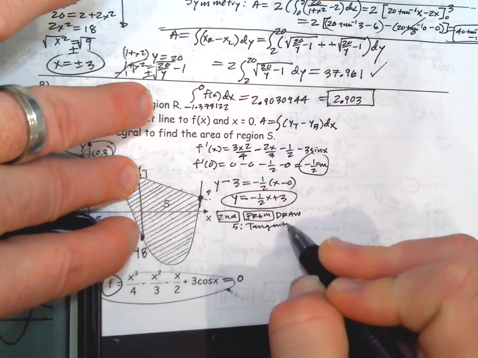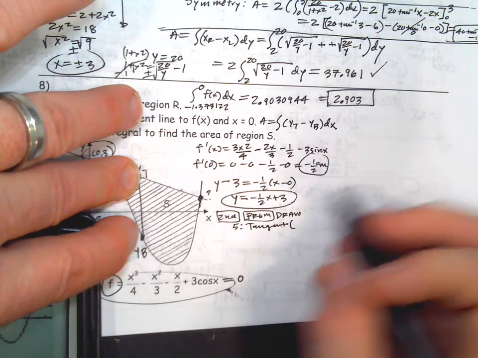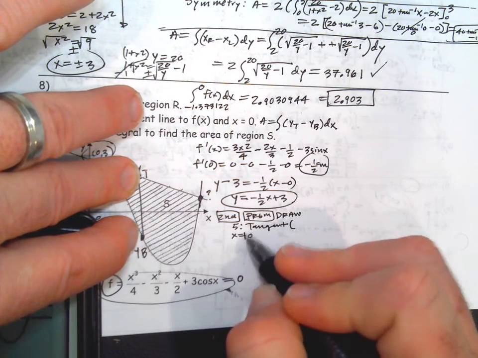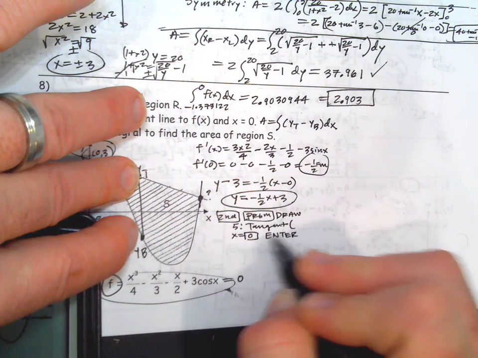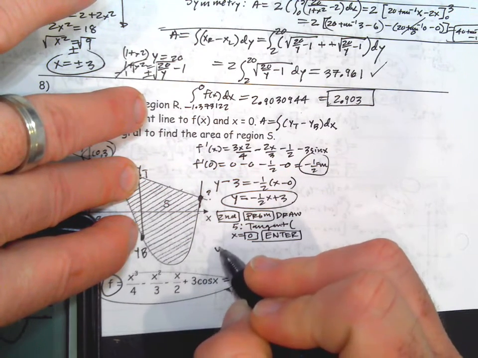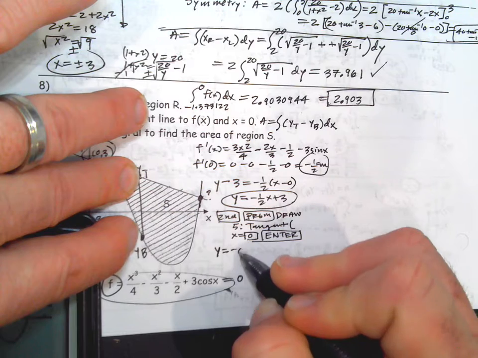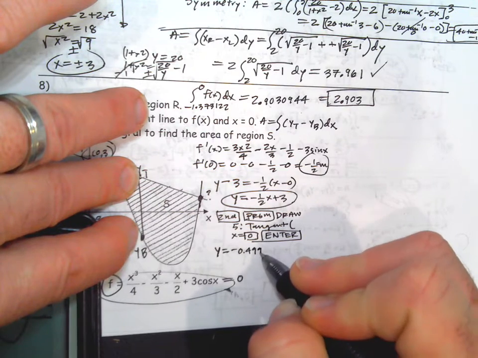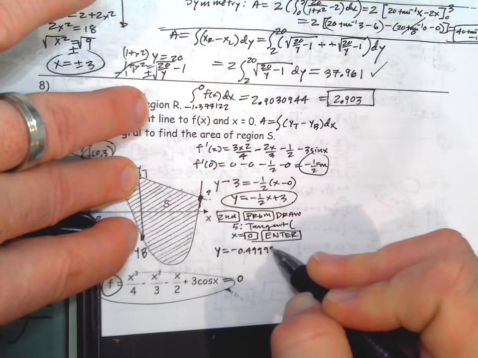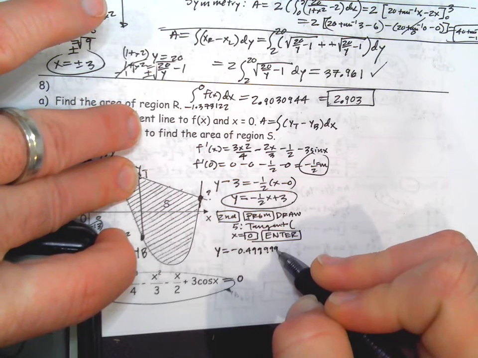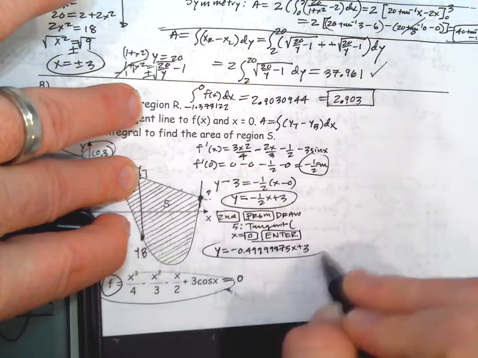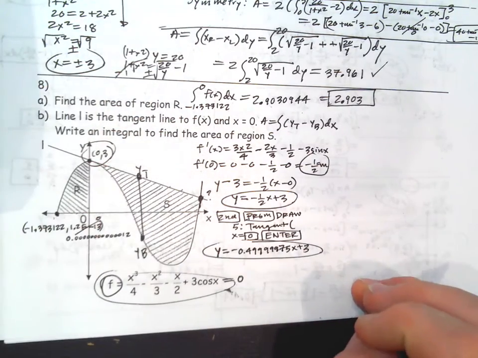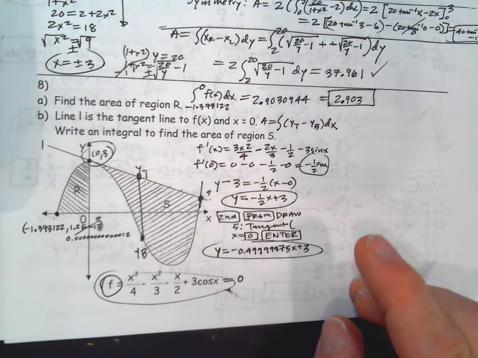It takes you back to the graph screen, and you put in the x coordinate of where you want it, and then you hit enter, and it graphs it for you, and it writes the equation at the bottom of the screen. Y equals -0.4999975x plus 3. So you can do it like that. I kind of need to see evidence of which way you did it.